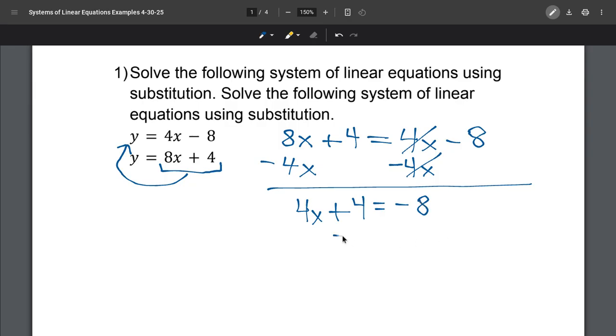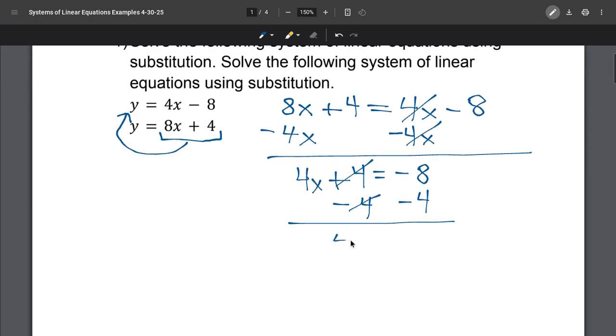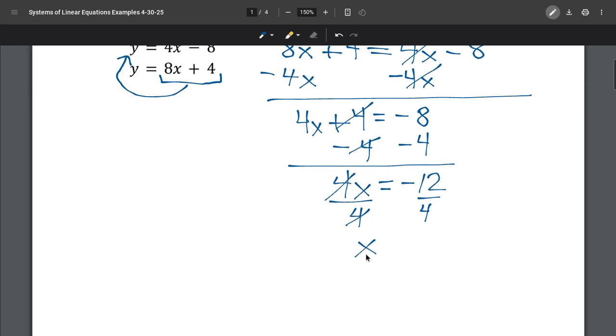I then can subtract 4 from both sides. The 4's here will cancel. We'll get 4x equals negative 8 minus 4, so negative 12. And then we want to divide by 4. The 4's here will cancel, and we'll get x equals negative 3.